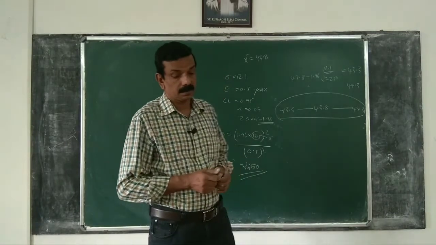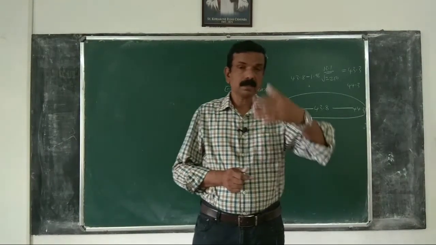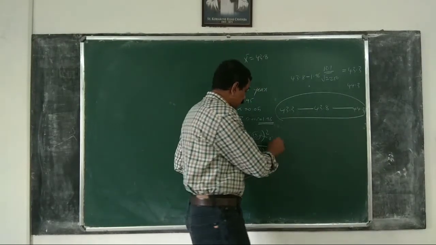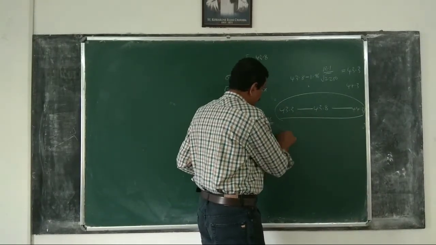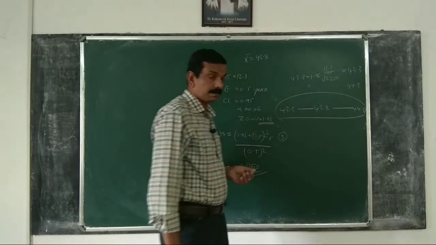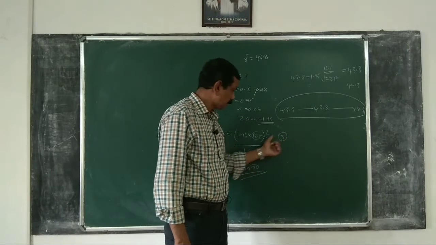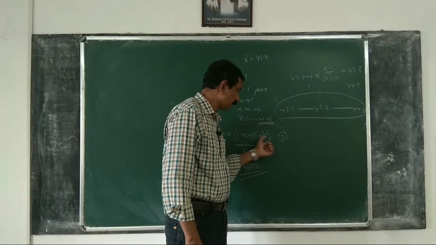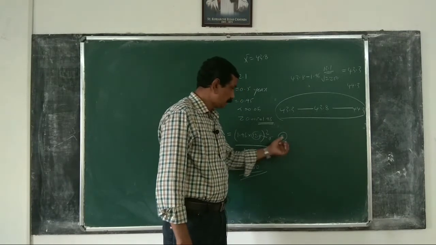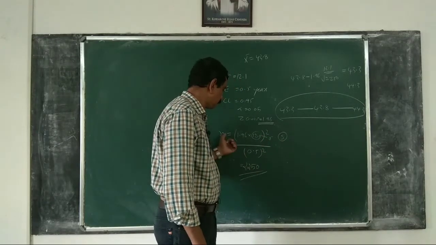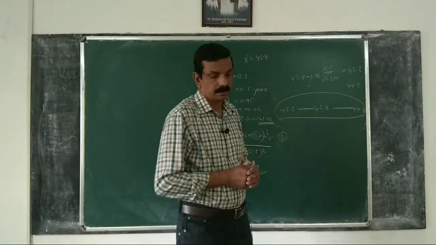So the procedure is, you take a large sample and obtain the sample standard deviation S, and substitute S for sigma here, and you calculate the required sample size.